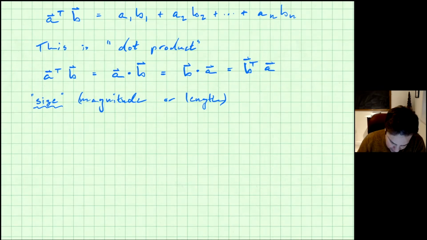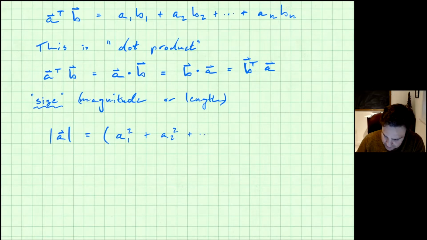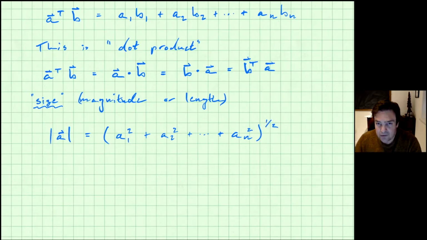But the magnitude of A looks like this. You put vertical bars around it, just like you do for other things. And it's equal to a big thing under a square root: A1 squared plus A2 squared plus dot dot dot up to AN squared. And all of that is under a square root, so to the power of 1/2.